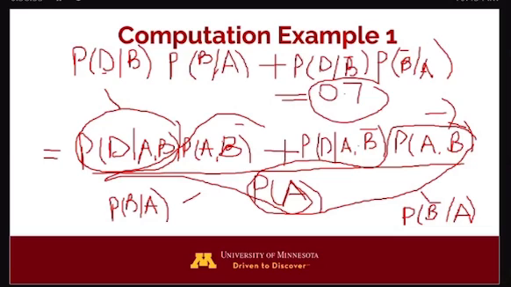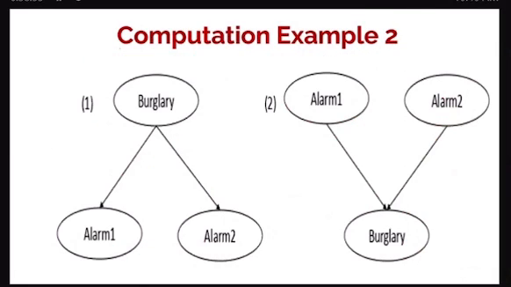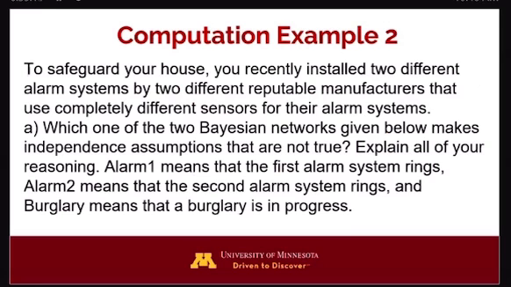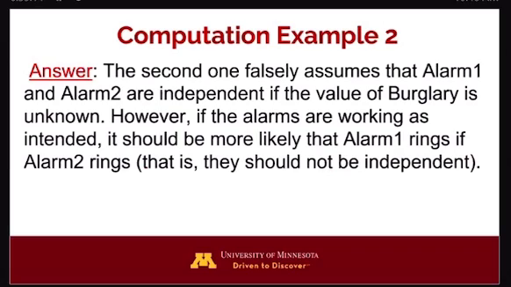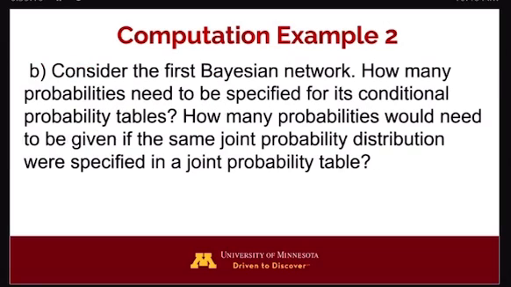I showed you this the other time. You can see alarm 1 and alarm 2 depend on burglary in the first one, but the second structure says burglary depends on alarm 1 and 2. The one that makes more sense is the first structure. I think I answered that question yesterday, but it's another question.